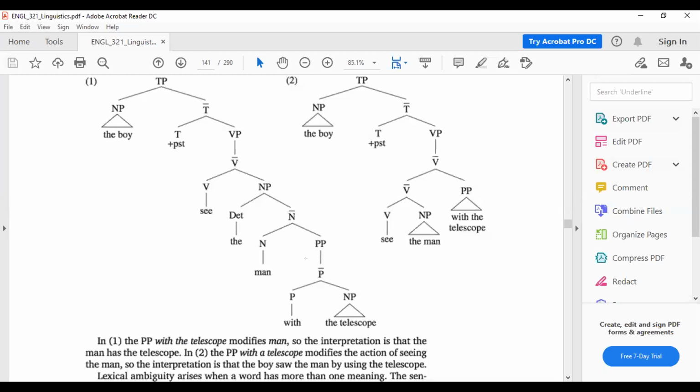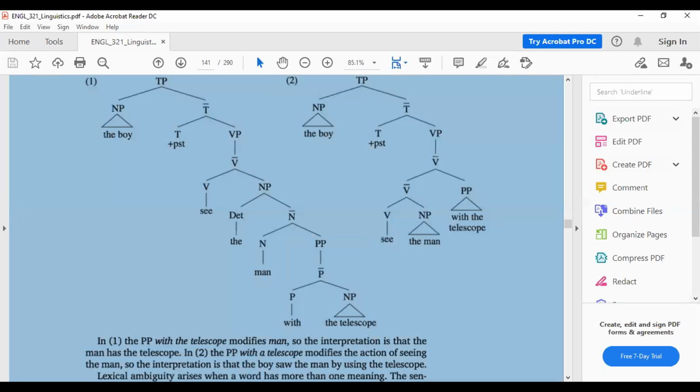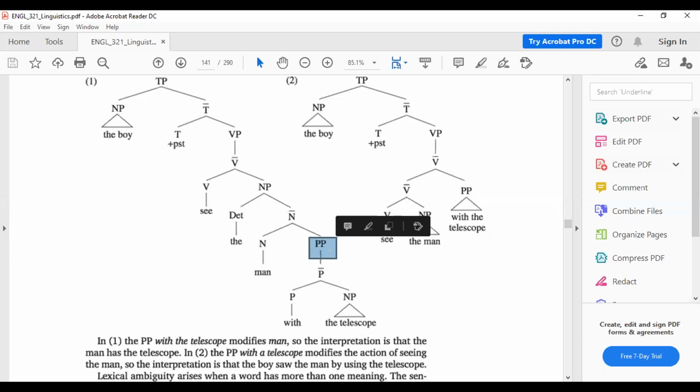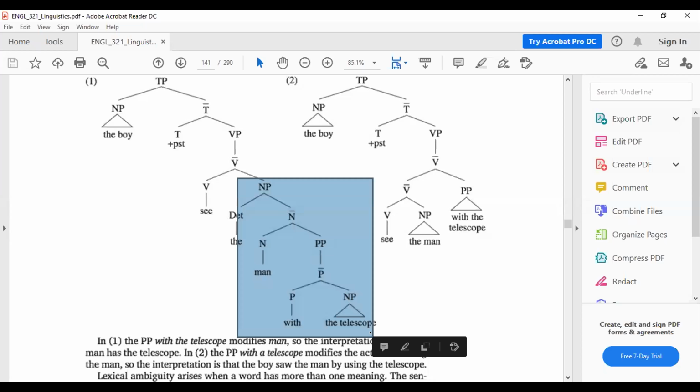Please pay attention to this. The prepositional phrase, with the telescope, modifies man. That's why this prepositional phrase is attached within this NP.